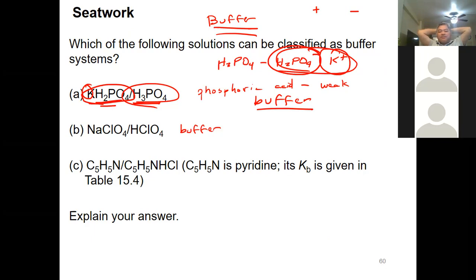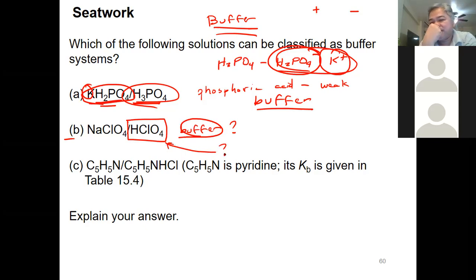Question? Now, letter B, is this a buffer? This is a buffer if this is a weak acid, but is this a weak acid? I gave you a list when we are talking about strong acid and strong base. Alin yung strong acid, alin yung strong base. Pag wala siya sa listahan, weak.